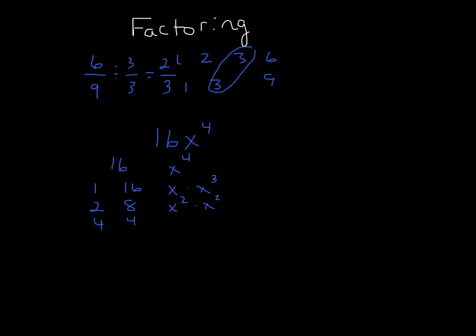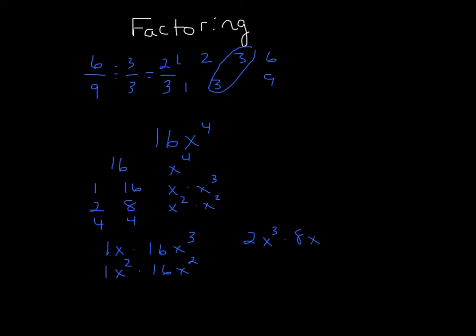A couple options that you might have: 1x times 16x to the third. You might have 1x squared times 16x squared. Or you can see how this is kind of working. You can do 2x to the third times 8x.